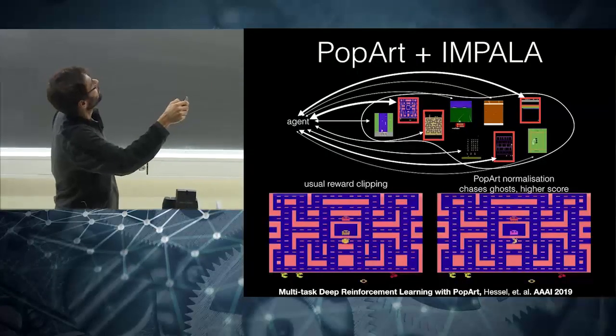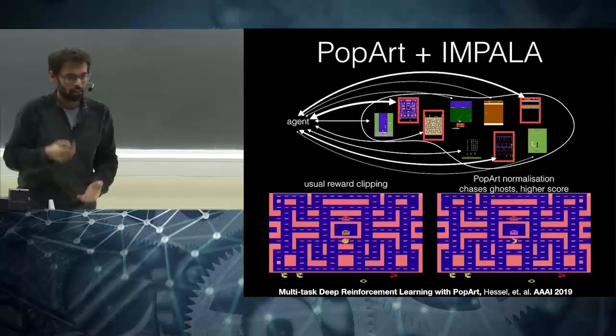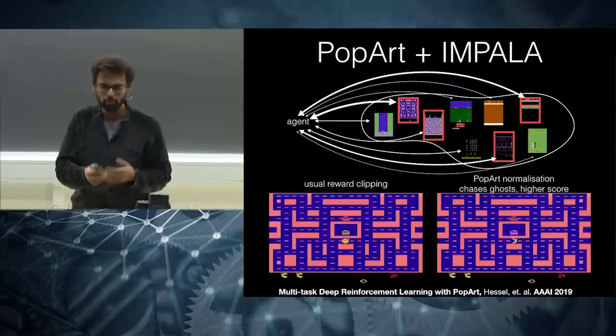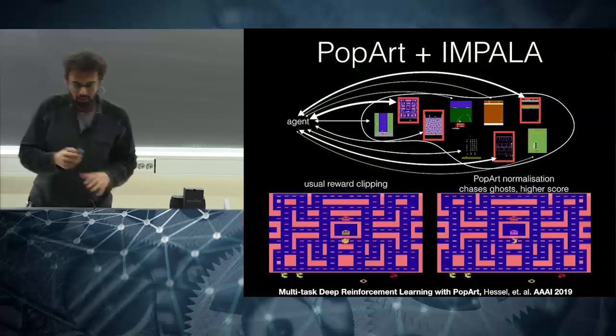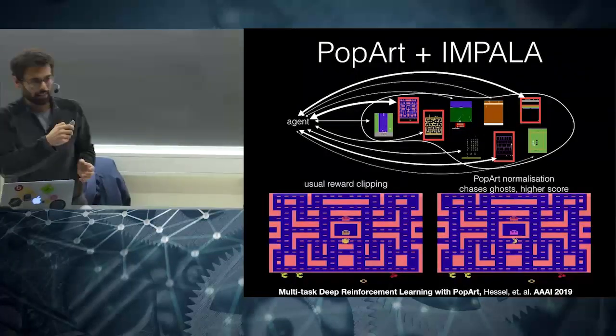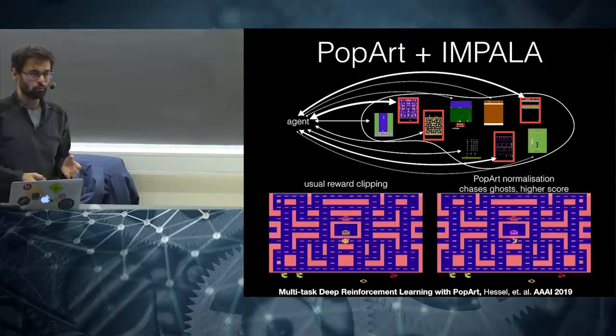But what happens is that some of the environments have higher rewards and more dense rewards than others. That changes the learning dynamics, and the agent starts learning more from these tasks at the expense of the others.